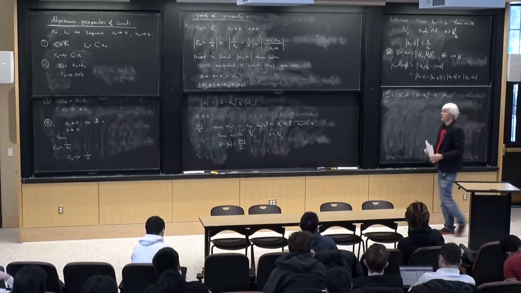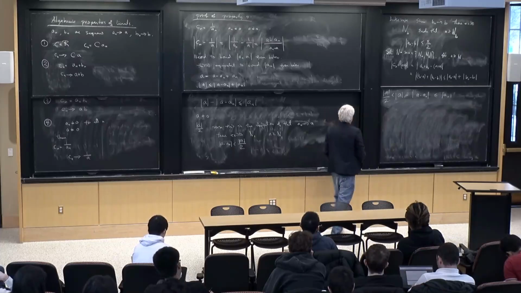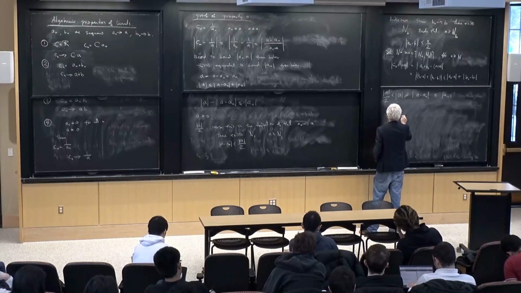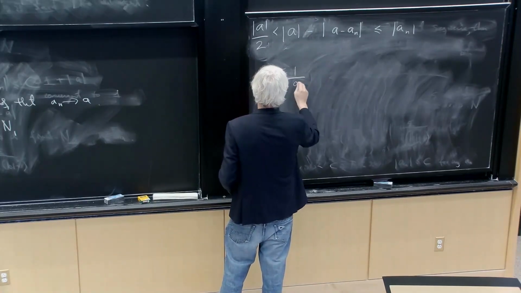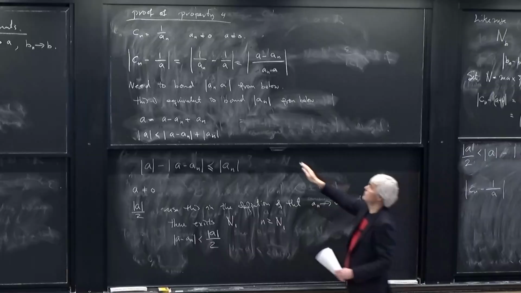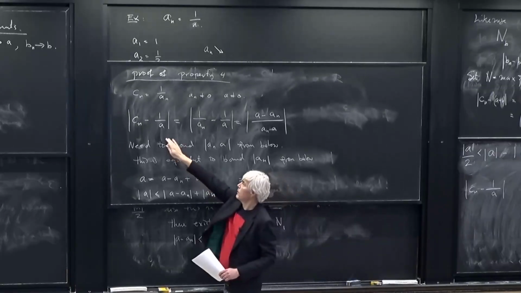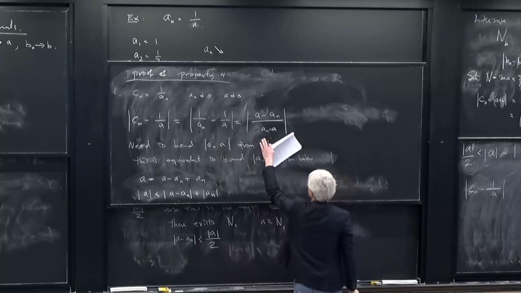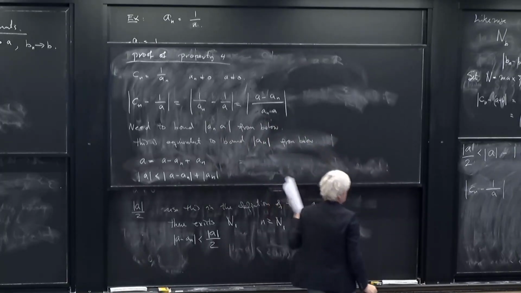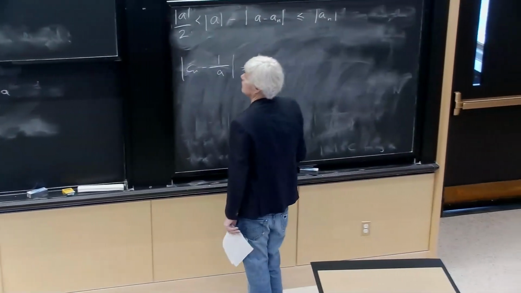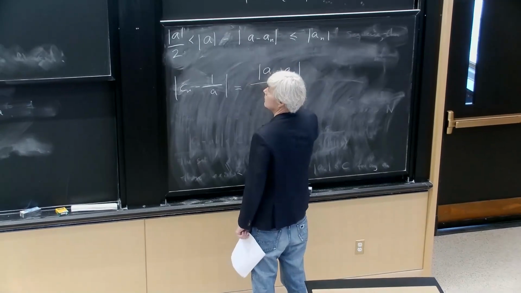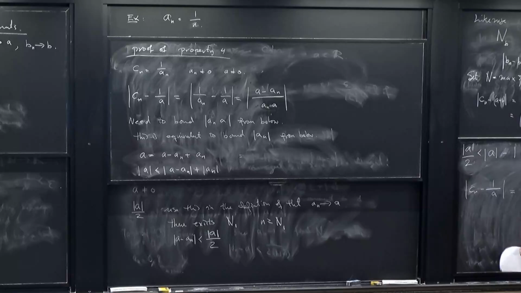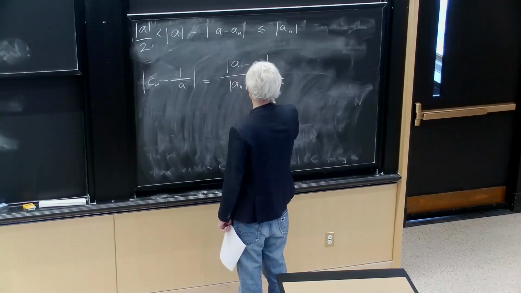Now we go back up to looking at Cn minus 1 over A. I'm just transferring that equation down to this board here. So this is A minus AN divided by, and I can take the absolute value separately of the numerator and the denominator, AN times A.